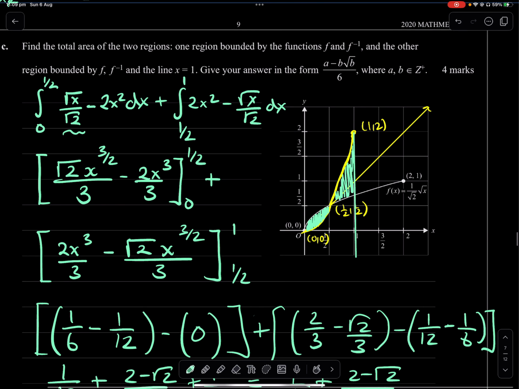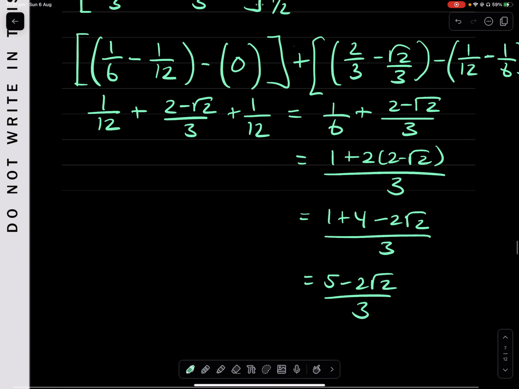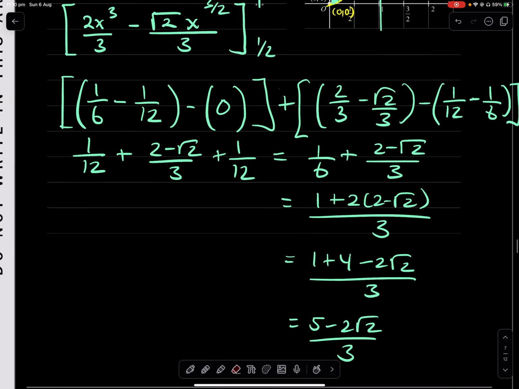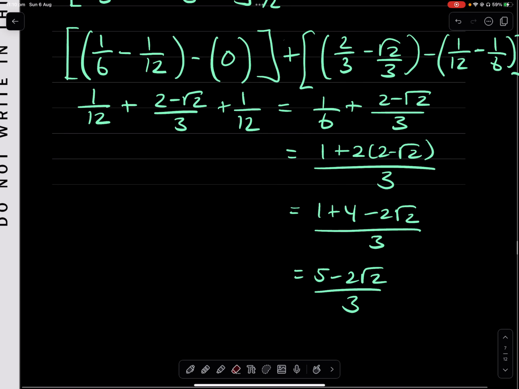Is that right? In the form where A and B are positive integers. So 2 is positive. Yep, 2, 2. Oh, wait. I made a mistake here. This is supposed to be a 6 over here, because 6... I'm going to put it here, 6.